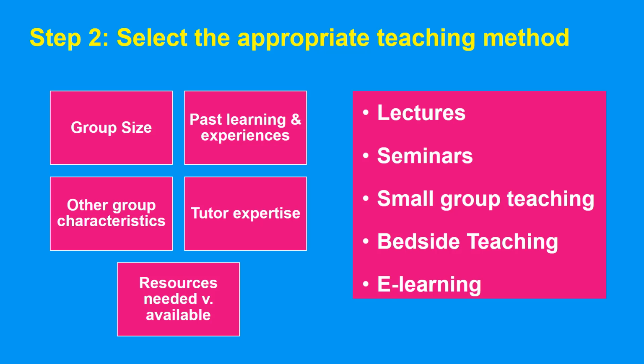To choose the appropriate method, start by considering factors such as group size, their past learning, their past experiences, any other characteristics of the group that might be relevant, your own expertise as a tutor, and the resources that you might need and those that might be available. Then consider the advantages and disadvantages of each method shown in the box to the right, and select the most appropriate method for you, the learners, and the context of your teaching session.